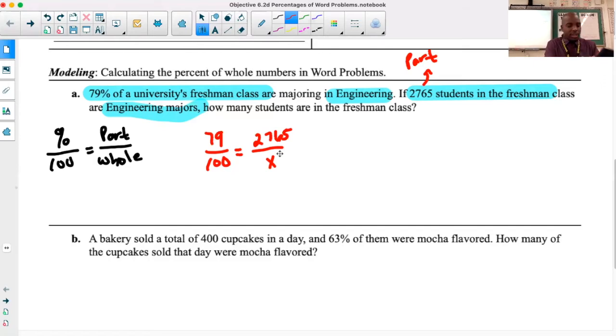If you do 0.79 multiplied by 2,765, you're going to get 2,184.35. And that is not correct. That is not our answer. You need to find the whole. So what I'm going to do is cross multiply here.